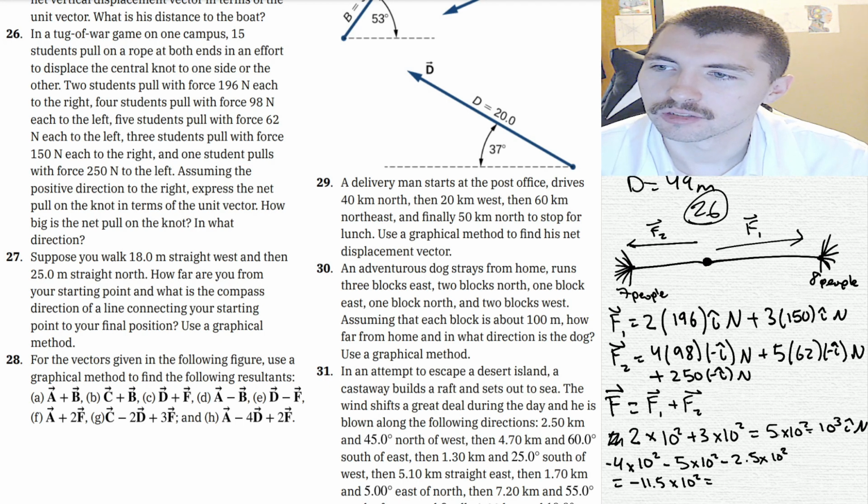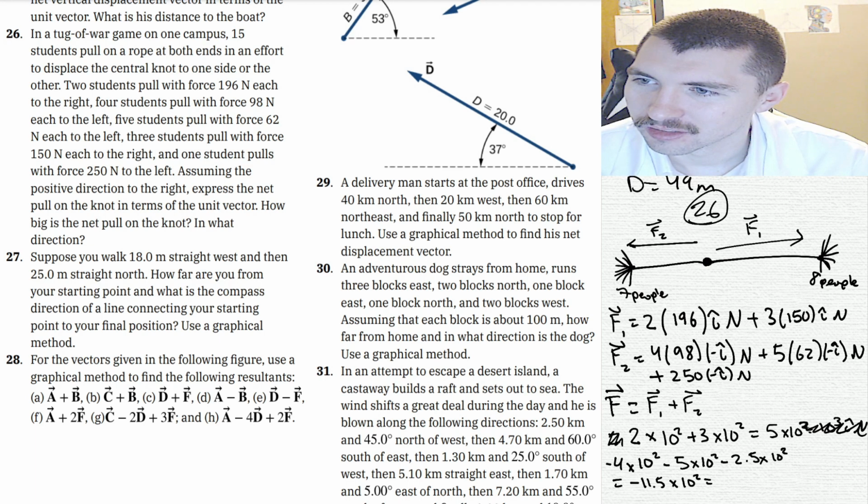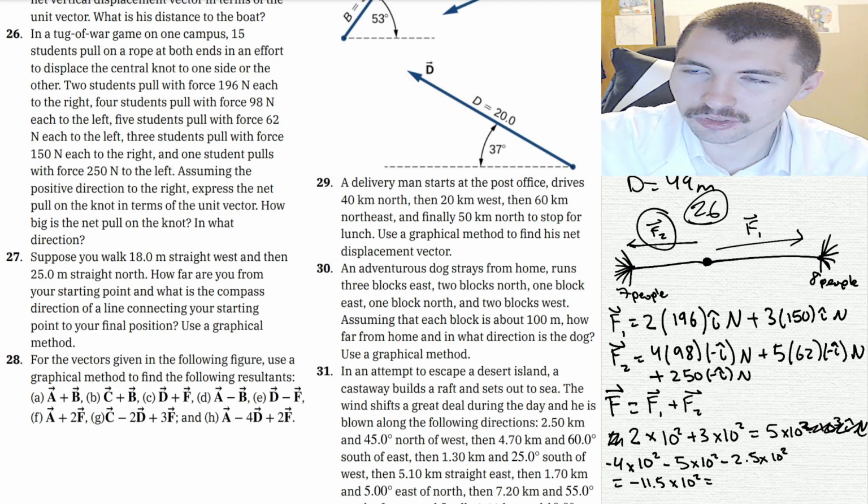Okay, so I guess this first, 5 times 10 to the 2, minus 11 times 10 to the 2. So if these were absolute values, 11.5 times 10 to the 2 is greater than this. So this side wins.